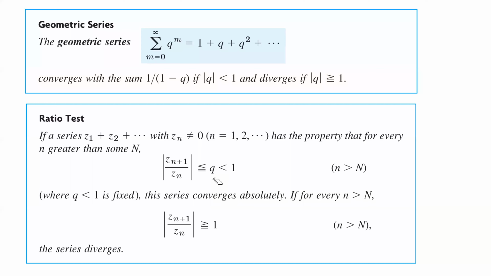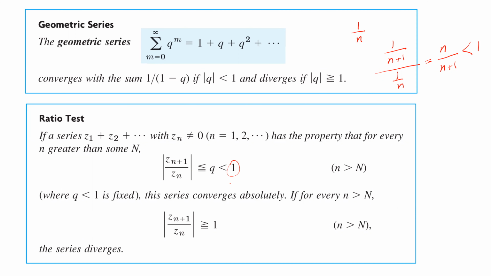Means, for example, you see the series 1 over n. Zn plus 1 is 1 over n plus 1, and Zn is 1 over n. And if you calculate the limit of this, it becomes n over n plus 1. This is smaller than 1 for all values of n, but gets closer and closer to 1, and it is divergent.